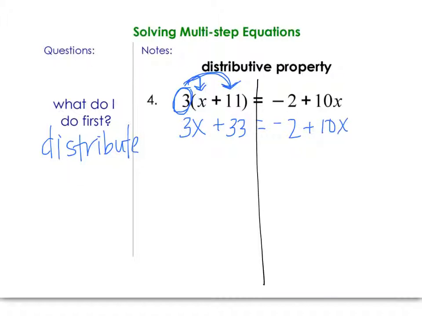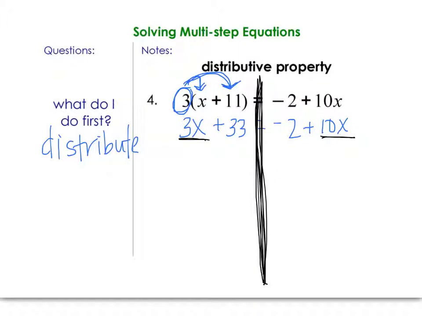Now this looks a lot like the stuff we did at the beginning. I have a variable on both sides of my equal sign, and I need to jump over this big black line to get those variables together. Well, which one is smaller? I have 3x and I have 10x.